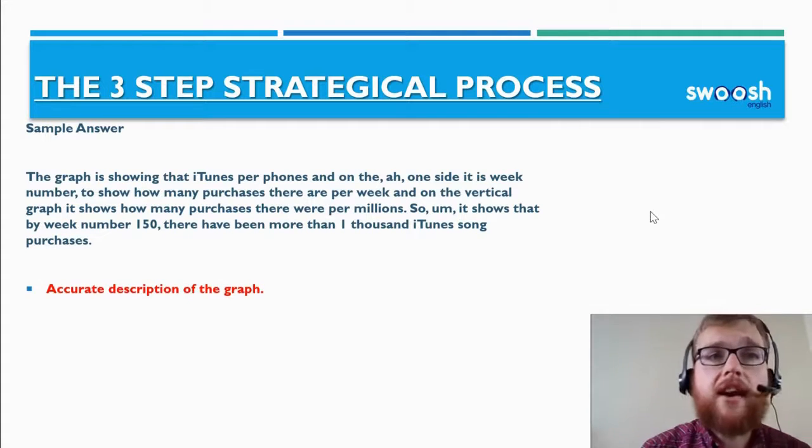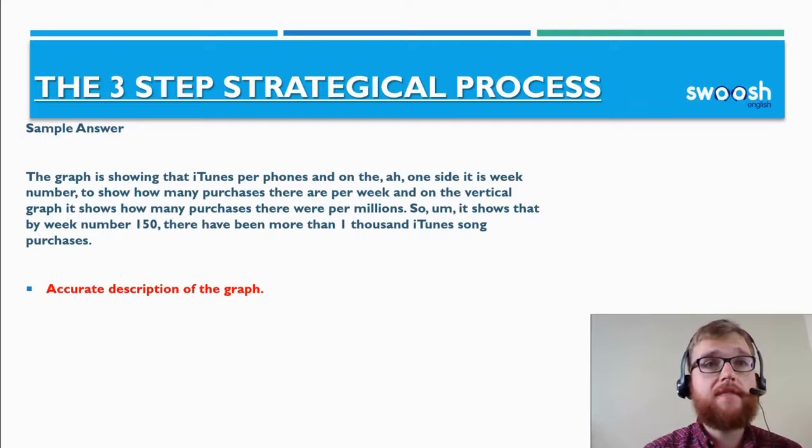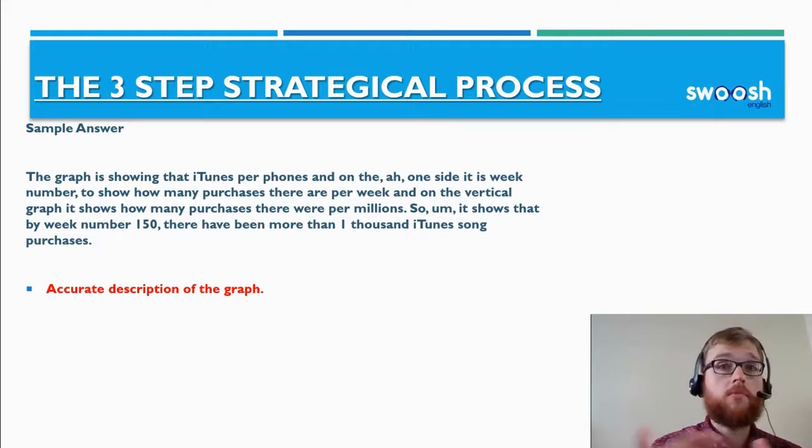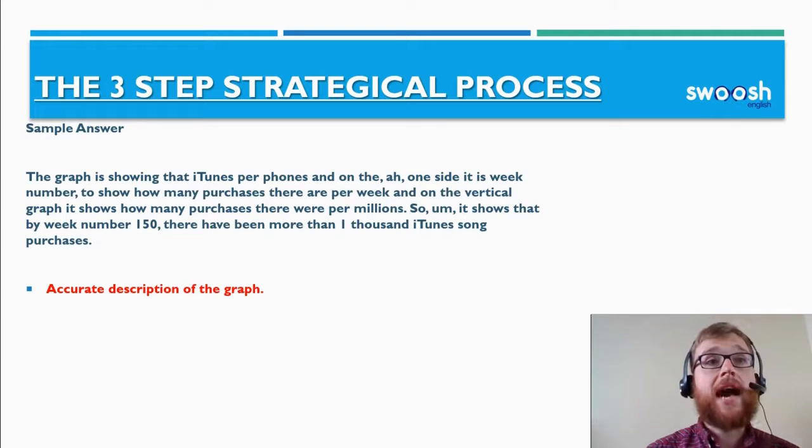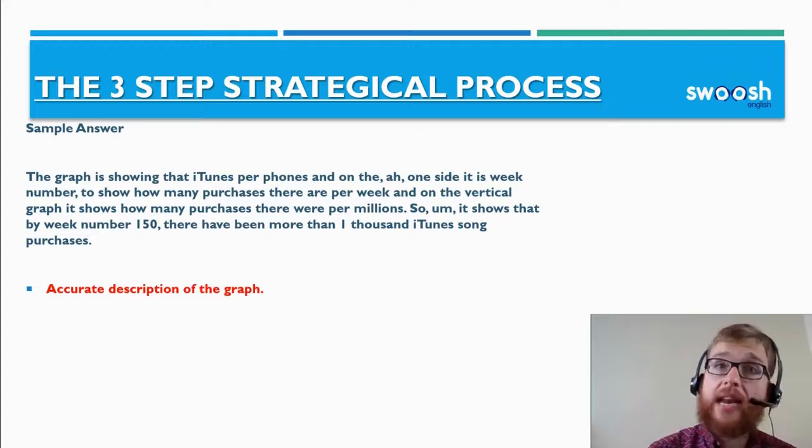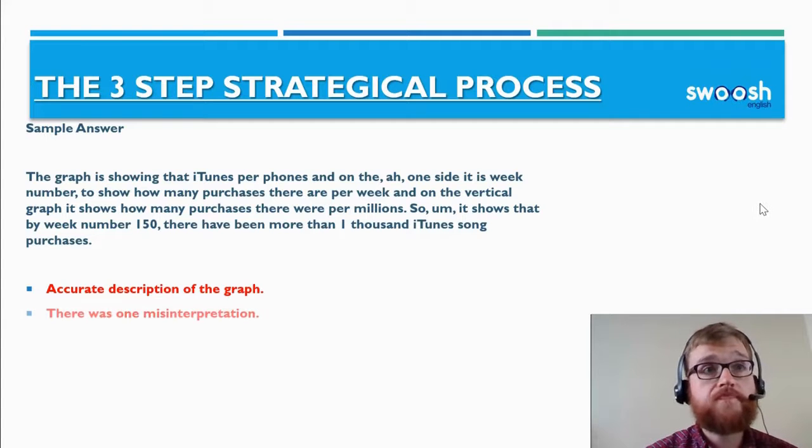There was a fairly accurate description of the graph. The person did allude to what the 2 axes talked about in terms of the iTunes being referred to in the y-axis and the number of weeks in the x-axis. And also they referred to some of the information and data very accurately, mentioning that there was week 150 and 1,000 songs purchases. So there was quite an accurate description of some of the information.